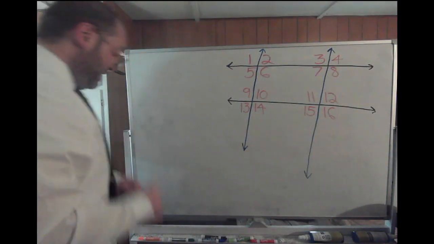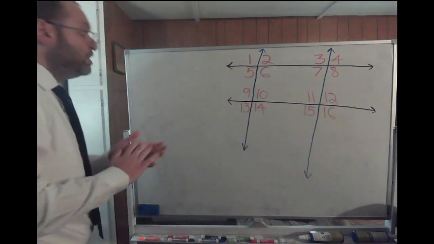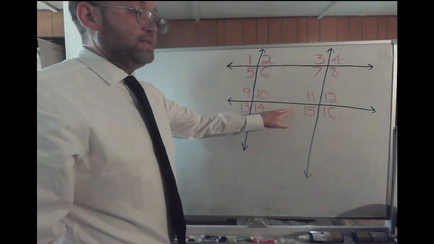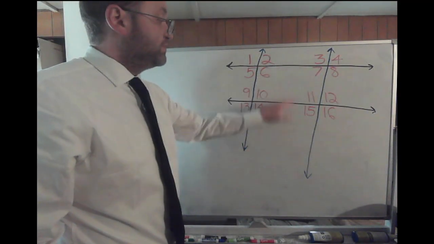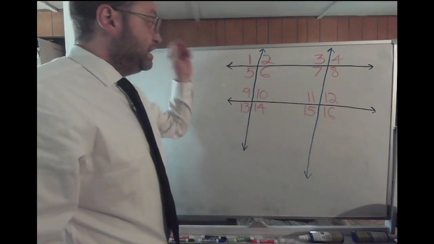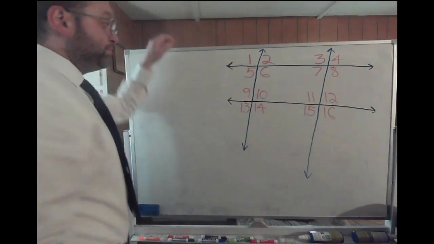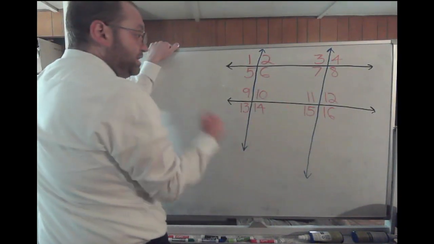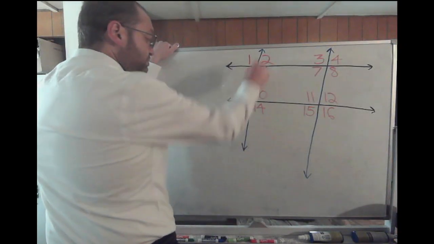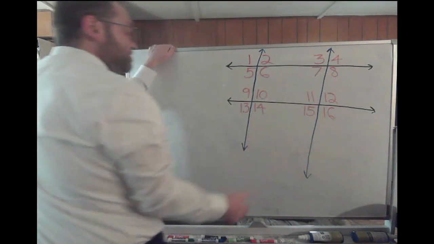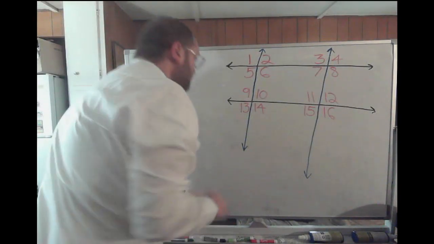Okay, so what we have here, we have two lines here that go from left to right being cut by two other lines that go from top to bottom. Well, you have your two normal lines that go from left to right in black. These two lines that go from up to down that cut through those two lines are called transversal lines.